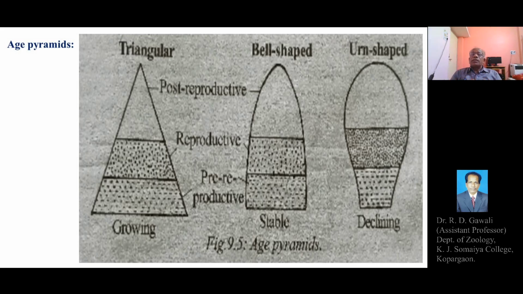In the second case, the individuals of pre-reproductive and reproductive age groups are also more, and the shape of the pyramid is bell shaped, representing a stable or equilibrium population, meaning the individuals of the three age groups are more or less equal.